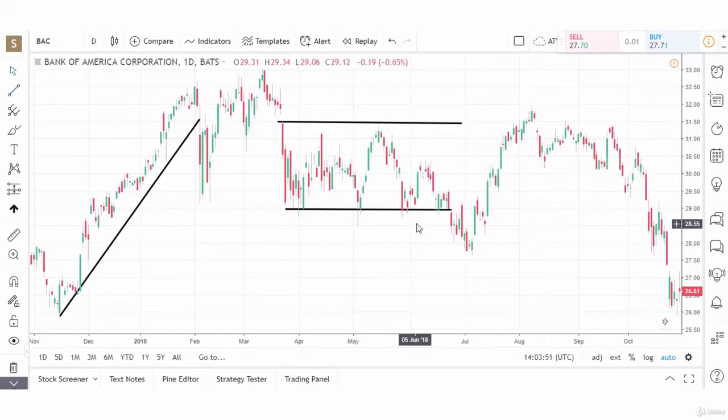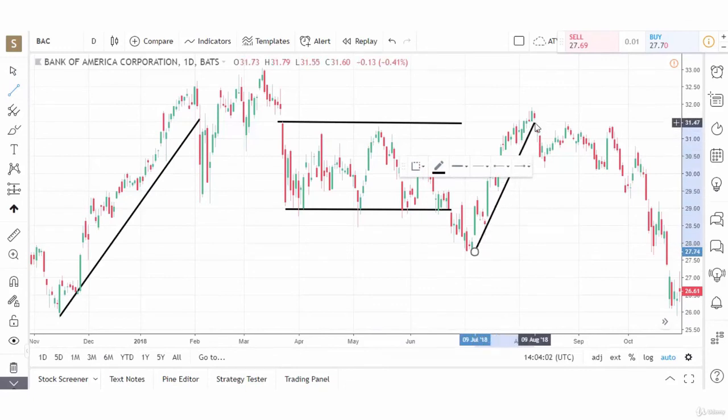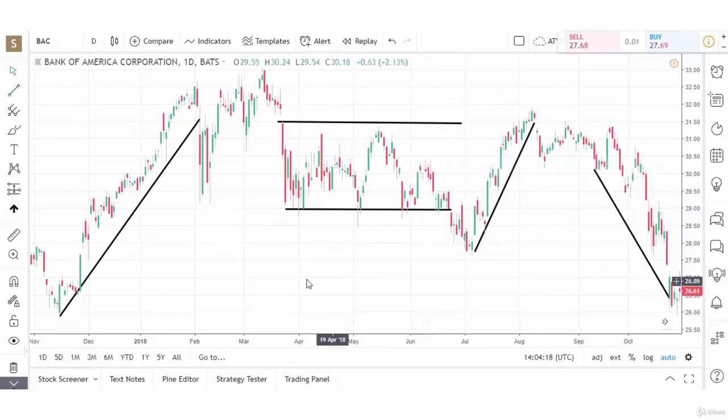And a resistance line here. So basically the stock trades sideways in a consolidation pattern. The stock then moves into another uptrend here. And then this is followed by a downtrend when the stock is falling in price here. So here we have a couple of different uptrends.